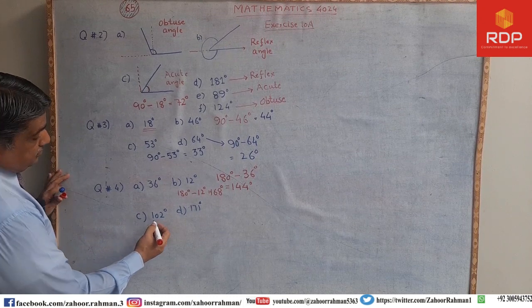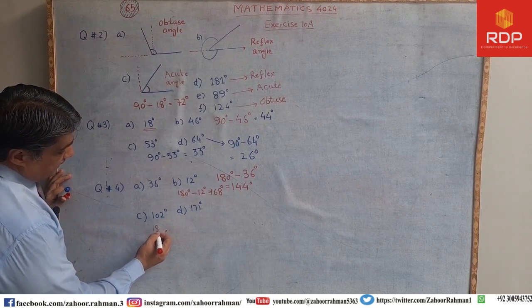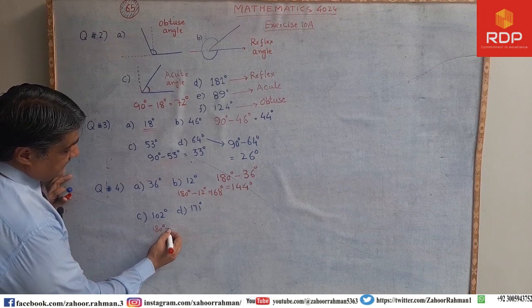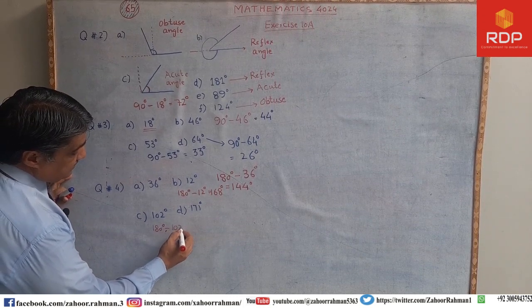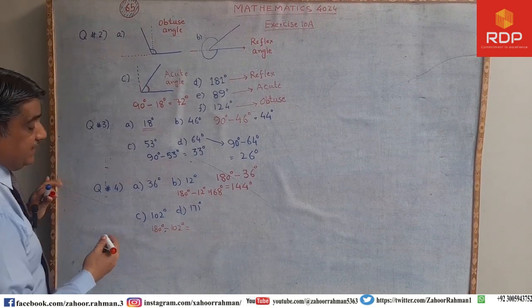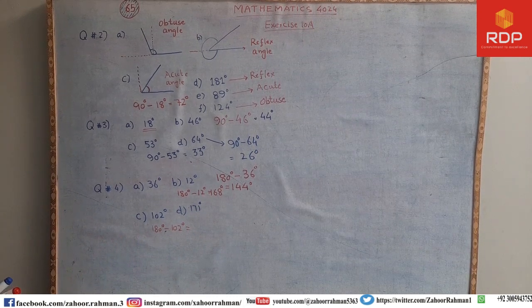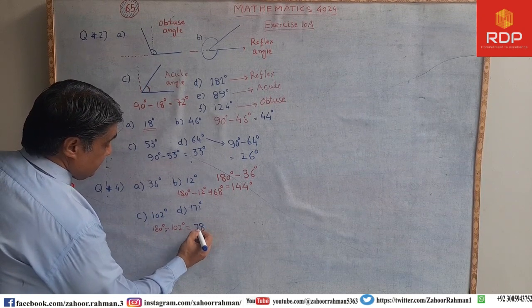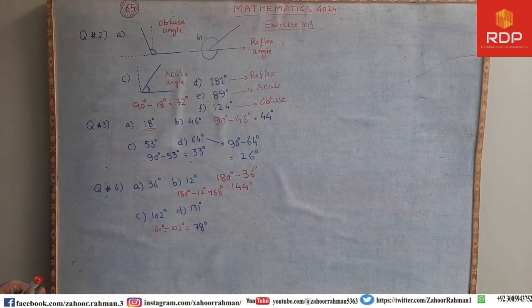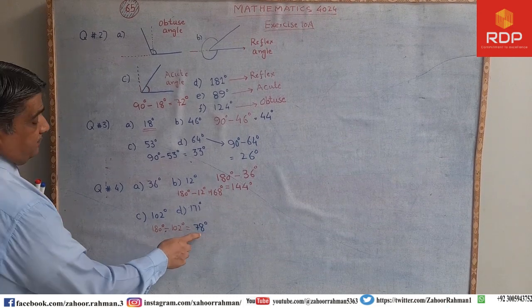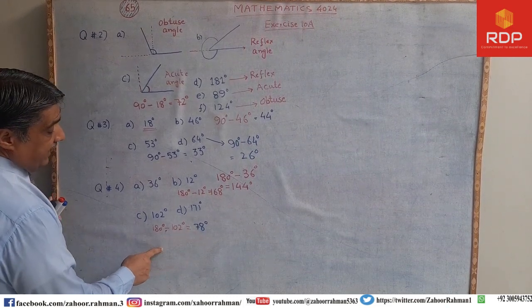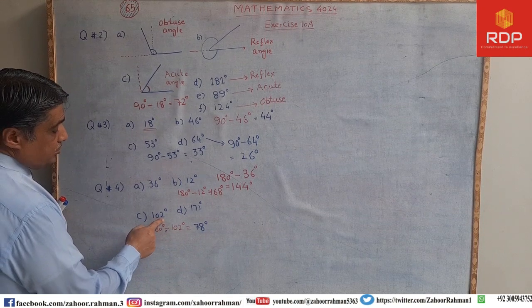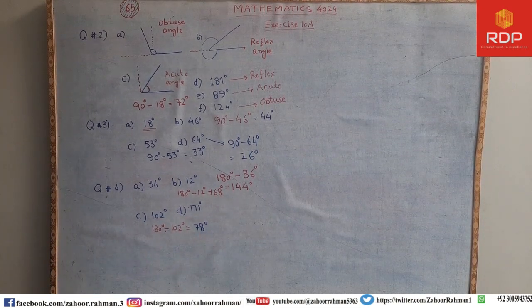Now 102. We have to do a simple subtraction to find the value of the supplementary angle. So that will be equal to 78 degrees. Now you have to write, I don't have much time to write it for every part, that will waste our time, but you have to write the supplementary angle of 102 is 78. Simple.